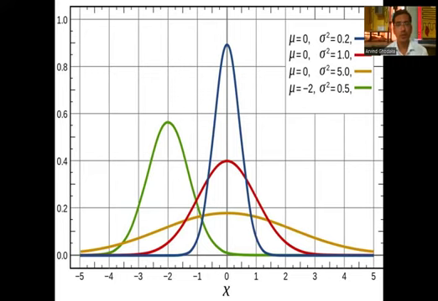For every mu there is a standard deviation: for the first curve it is 0.2, for the second, the red curve, it is 1.0, for yellow it is 5, and for the last, the green curve, sigma squared is 0.5. In this way we can represent different curves for different mu values and different standard deviations. These curves are called normal distribution curves.